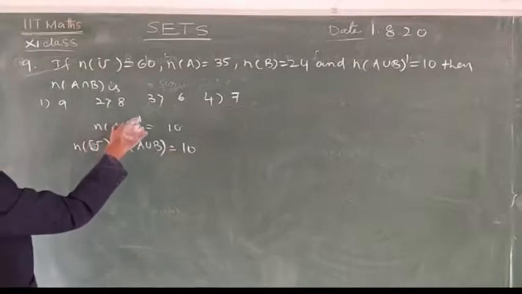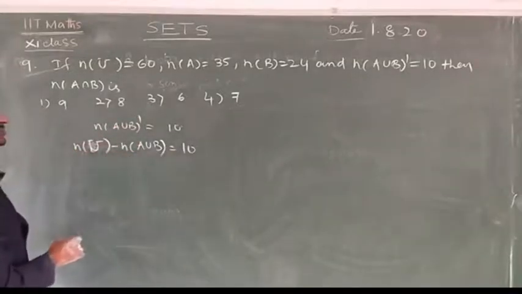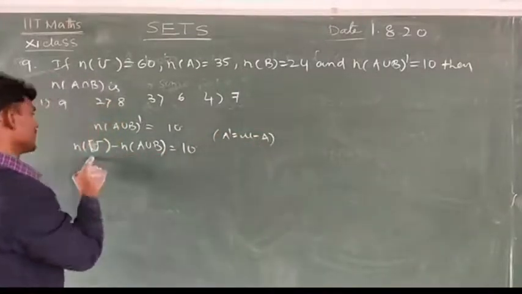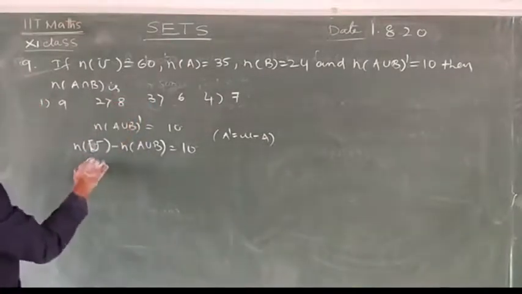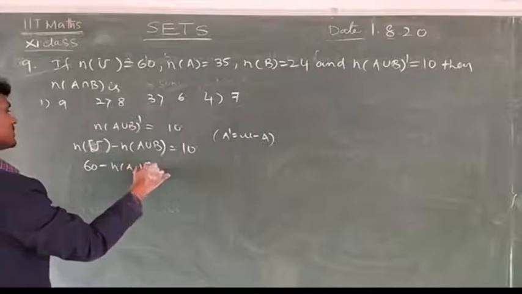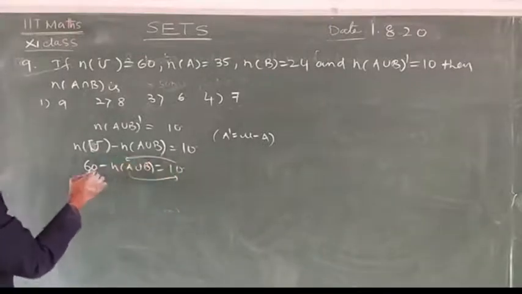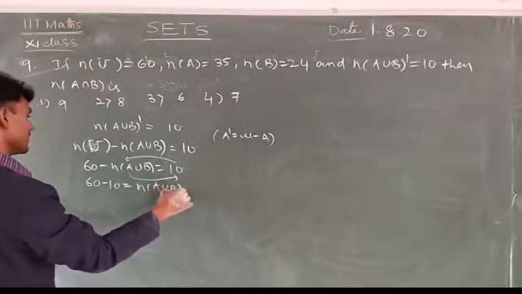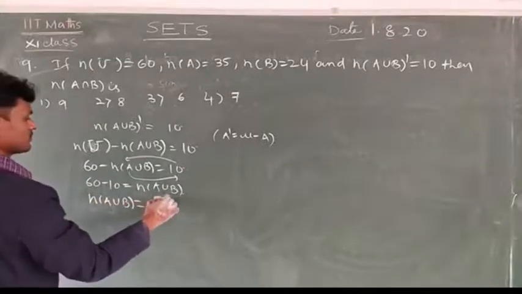We know that A dash is equal to mu minus A, that's why you can apply here. Now already mu is given as 60, so 60 minus n of A union B is equal to 10. Now this A union B send to this side, 10 send to this side: 60 minus 10 is equal to n of A union B. Now n of A union B is equal to 60 minus 10 is equal to 50.